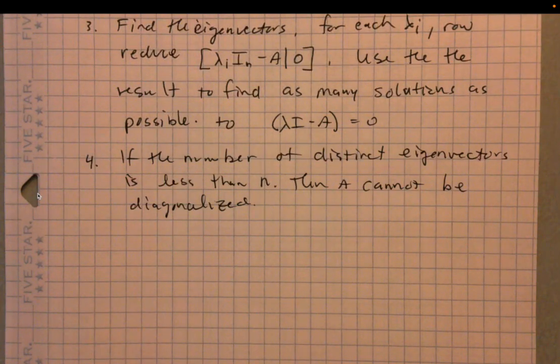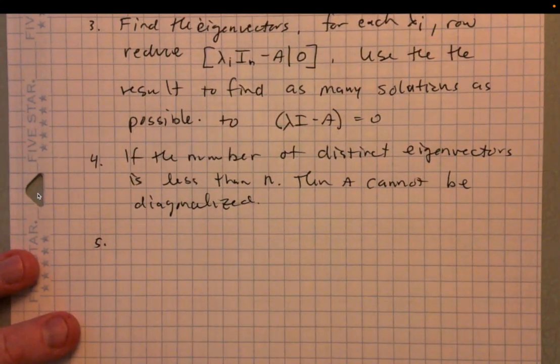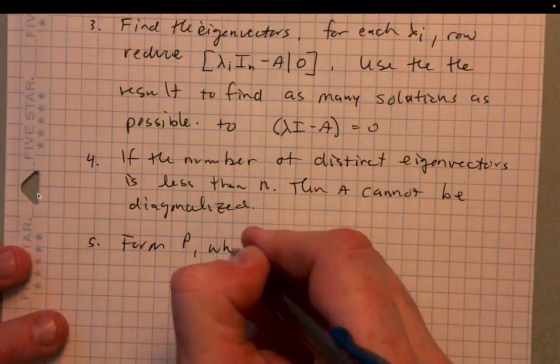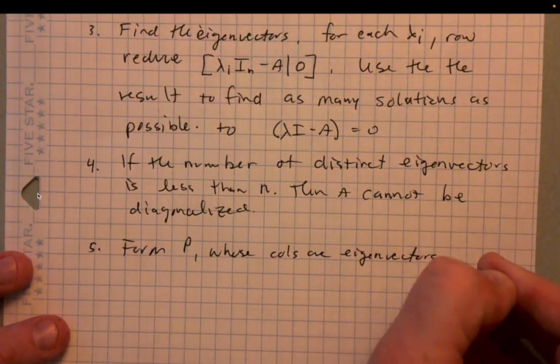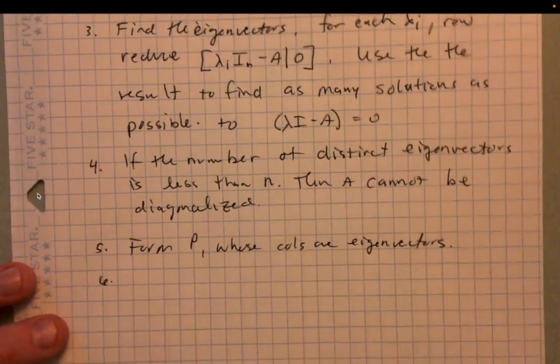Okay, so if you get to step 4 and you don't have enough eigenvalues, you have n minus 1, you can safely walk away and say, I can't diagonalize this. There's not enough eigenvalues. P will not be invertible. Okay, but assuming that's not true, form the matrix P. All right, so you can form the matrix P whose columns are eigenvectors, and then you're done.